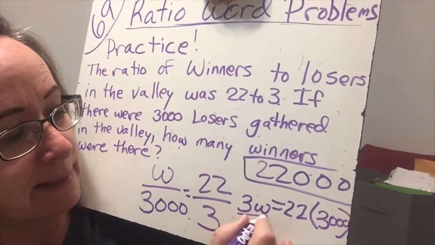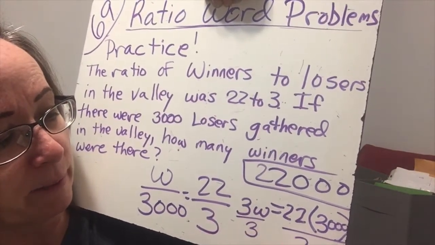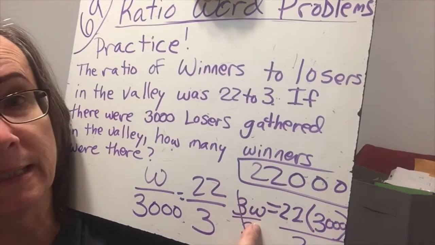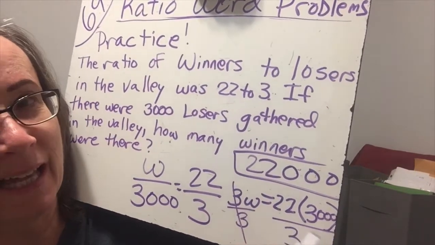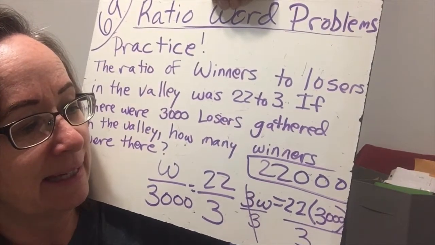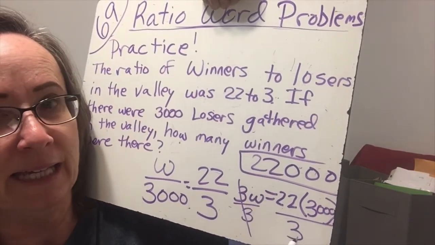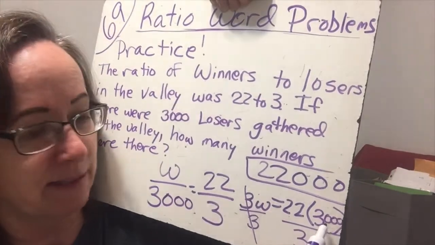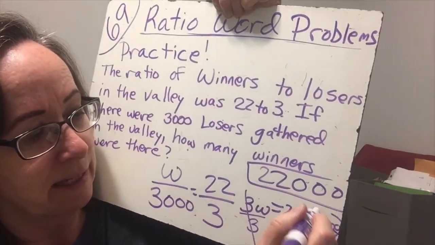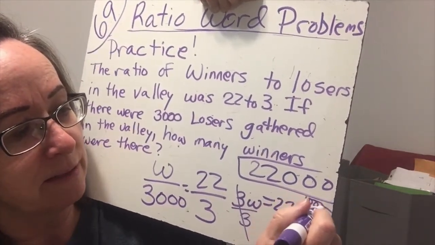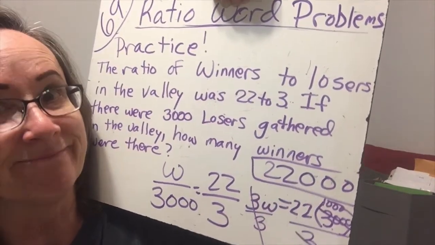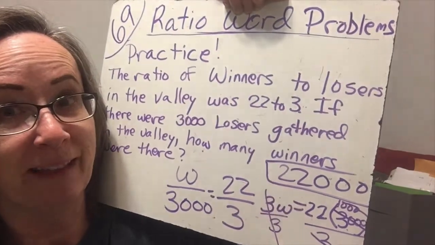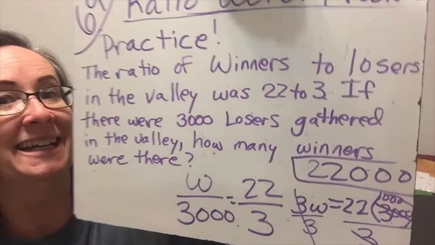Now we're going to divide this side by 3 and this side by 3 so that we get the W all by itself. Instead of multiplying and then dividing, can I just take the 3 out of the 3,000? So I'm going to cancel, leaving 1,000. 1,000 times 22 is 22,000. And we did it.